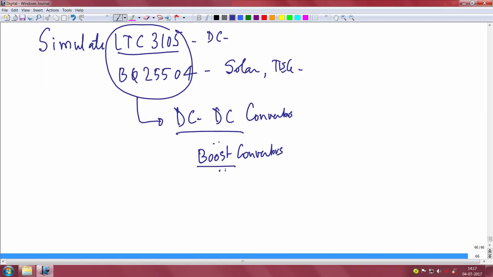Please go back to what we have already discussed with respect to boost converters. There is the usual feedback, output sensing, it is a complete closed loop system.